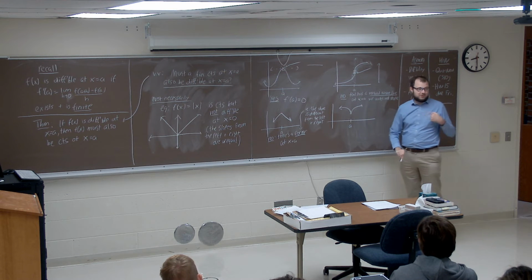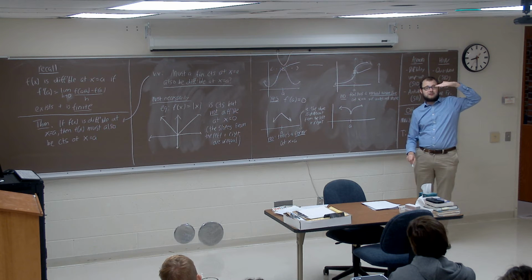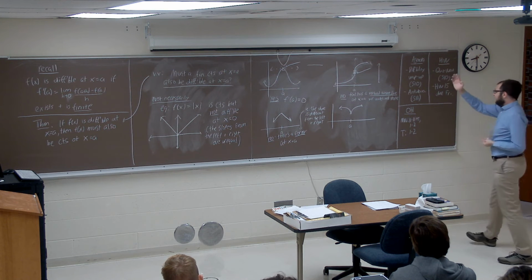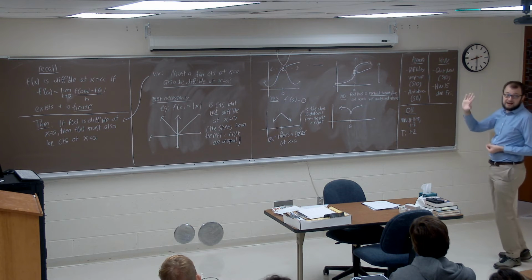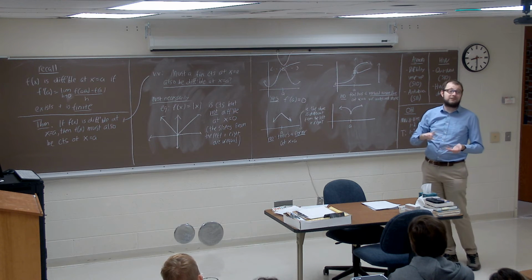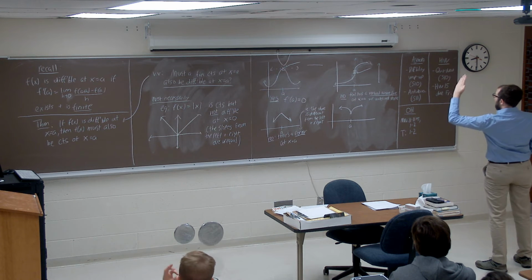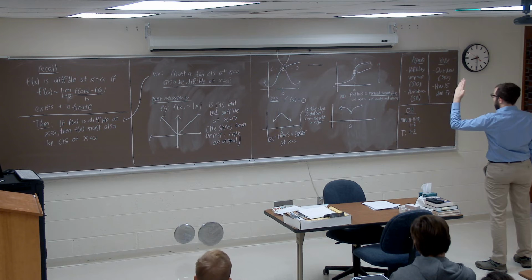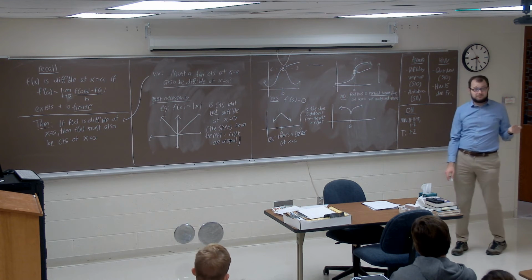I would say it's getting more and more and more negative. Oh, I forget, you all are flipped from the way. Let me face the same direction. It's getting more and more negative, so I would say from the left the slope's going to negative infinity, whereas from the right it's becoming more and more positive the closer you get to a. So from the right you would get a slope approaching positive infinity.